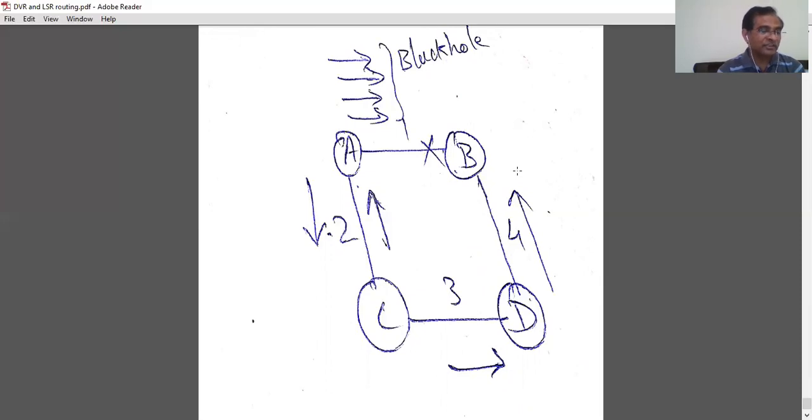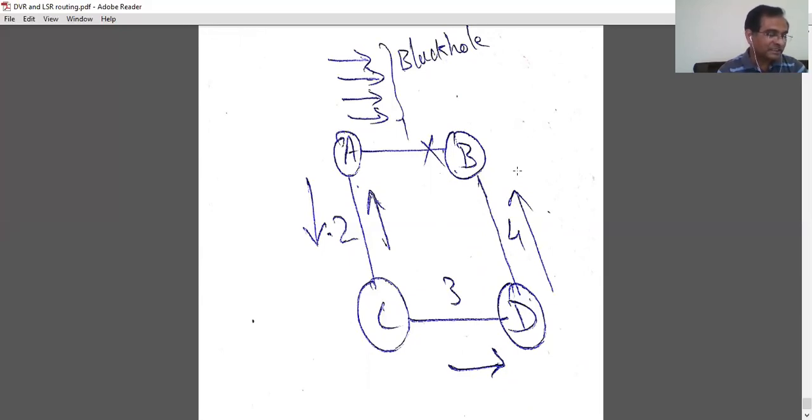Persistent loops were there in DVR, most of the time, and transient looping was there in LSR, right? The protocol which makes use of the DVR implementation is RIP. RIP is an implementation of the DVR algorithm, whereas OSPF, Open Shortest Path First, is an implementation of the LSR algorithm.